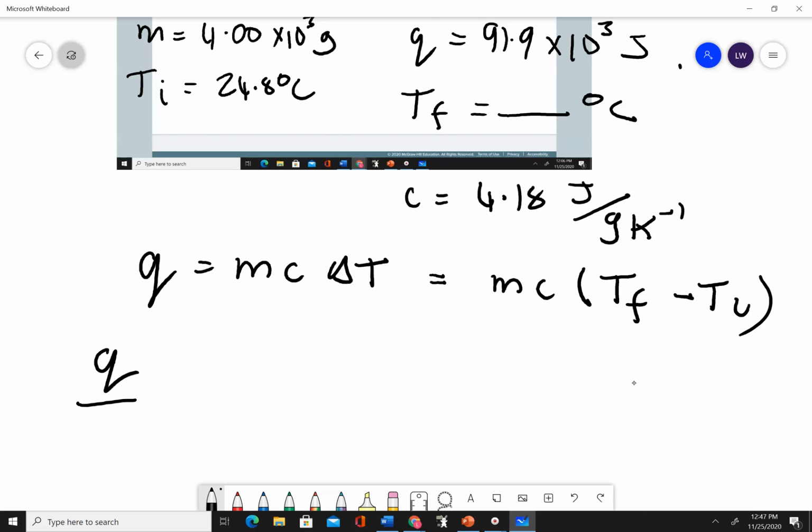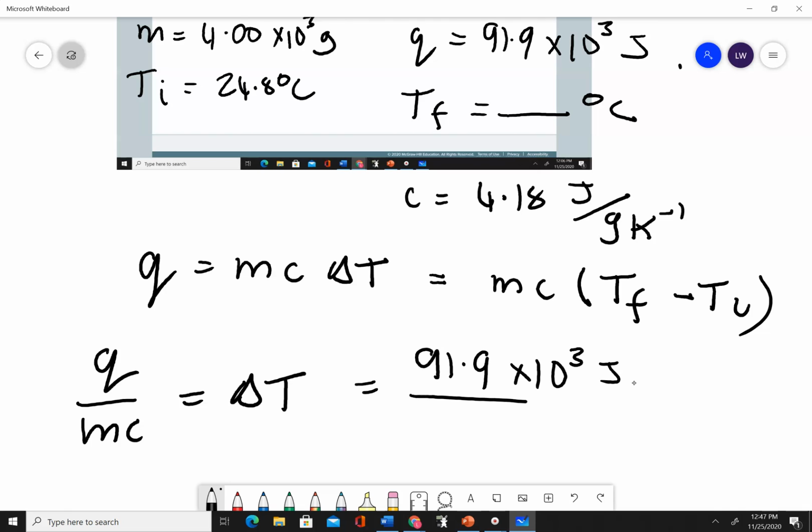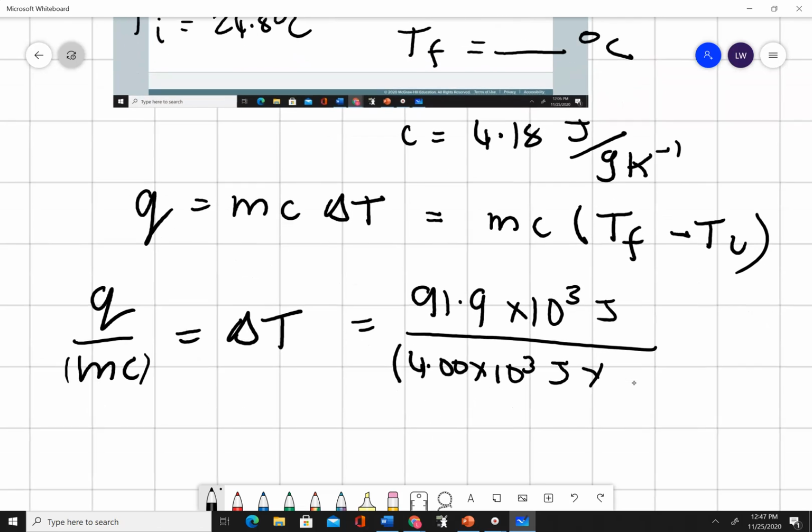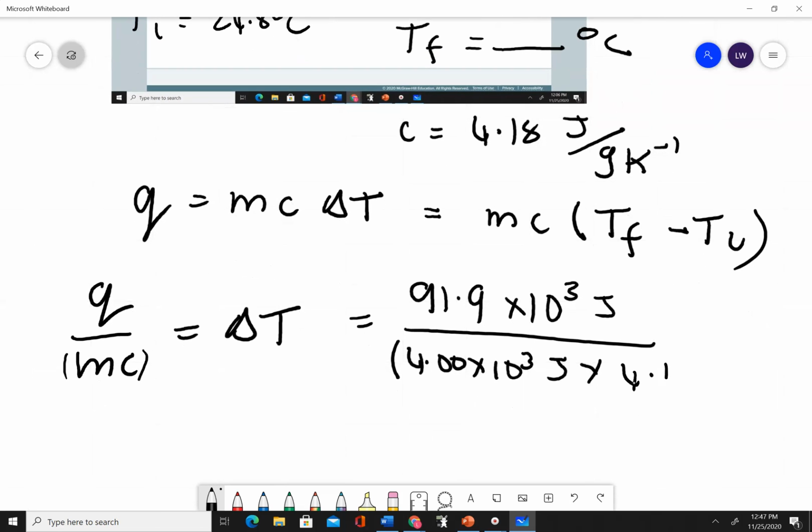So Q on mc equals delta T. So we have 91.9 by 10 to the 3 joules divided by, and whenever you've got multiple terms on the bottom line, or even in the top line, you always want to make sure they're in parentheses. 4 by 10 to the 3 grams times 4.18 joules per gram per Kelvin unit.